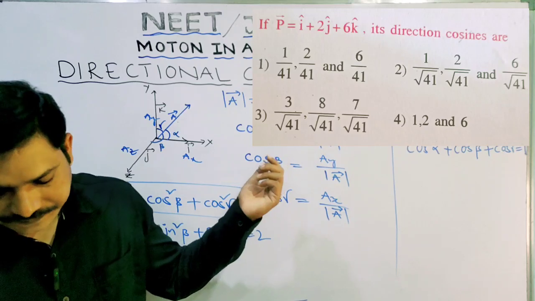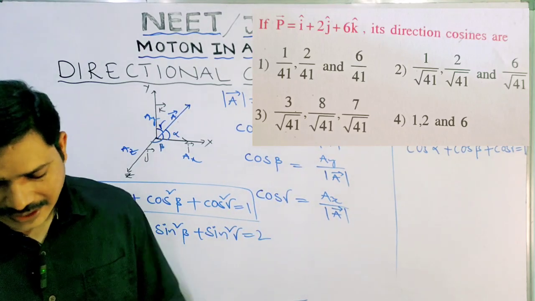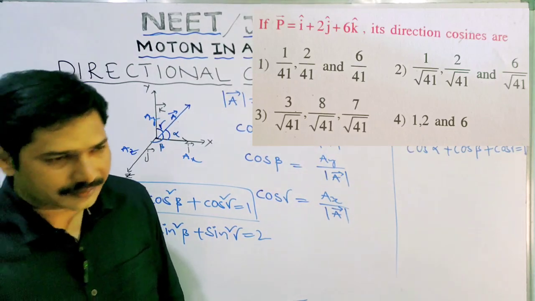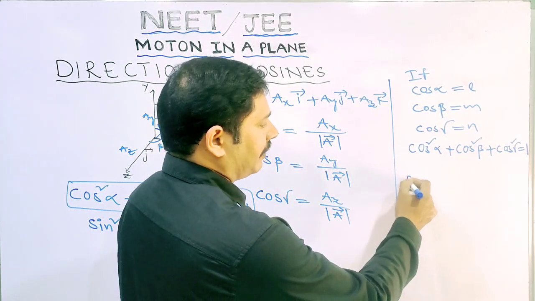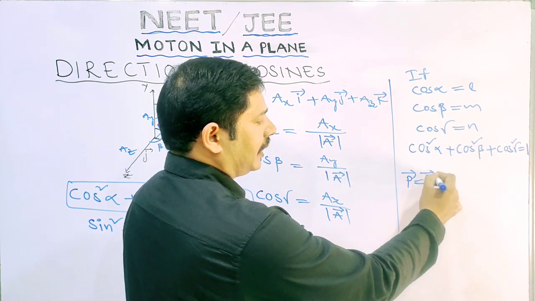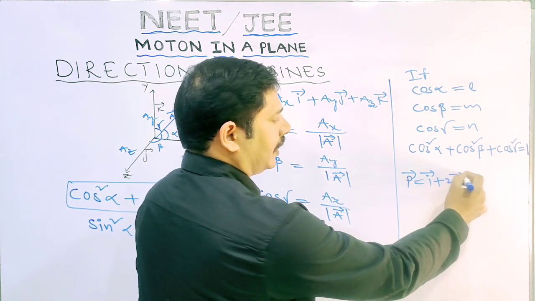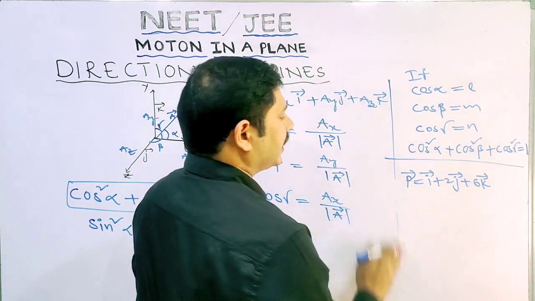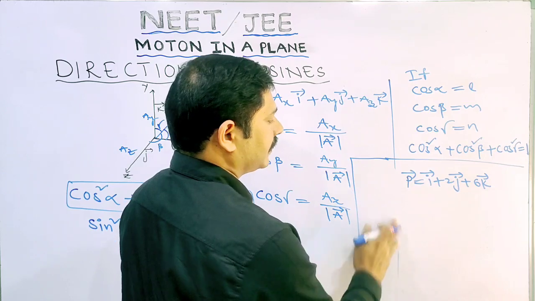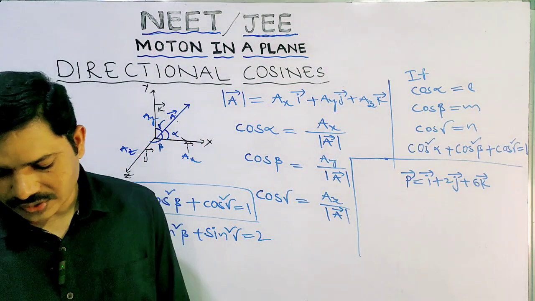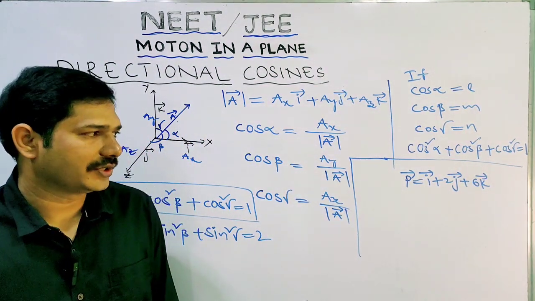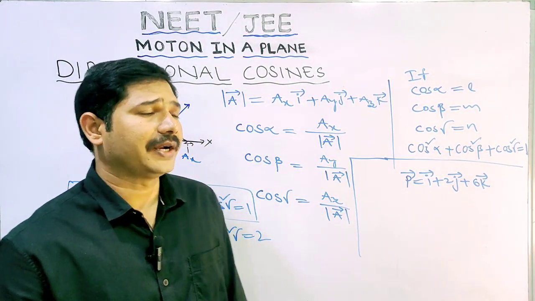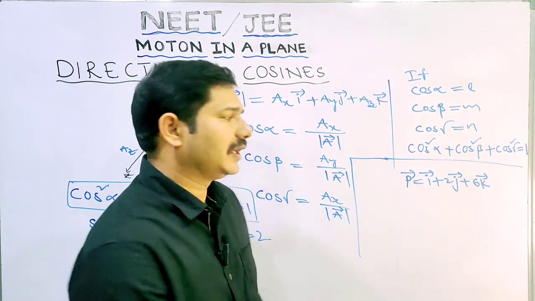If P bar equals i bar plus 2j bar plus 6k bar, find the directional cosines. The first point to measure the directional cosines is to find the magnitude of that vector.